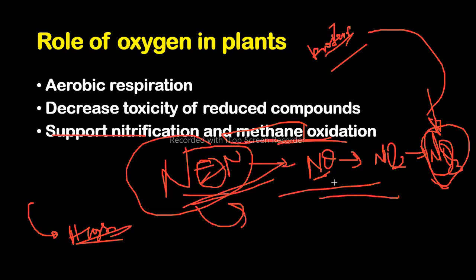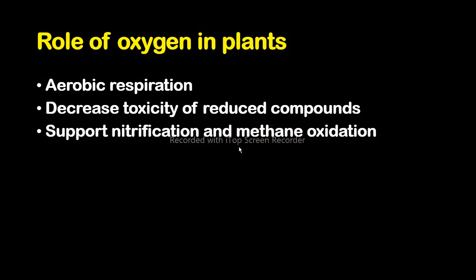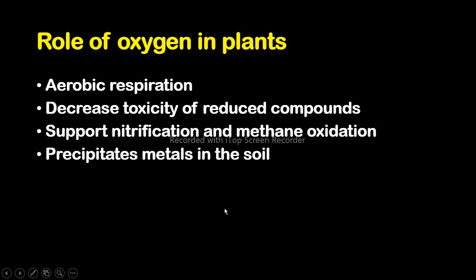And so the oxygen is going to be used to oxidize this methane into carbon dioxide and water, which are neutral compounds as far as the plants are concerned. And so they'll be able to survive in their environments.